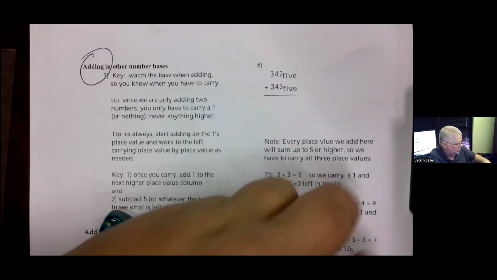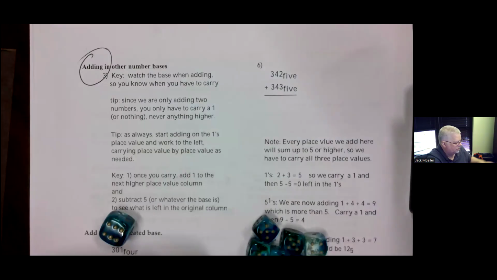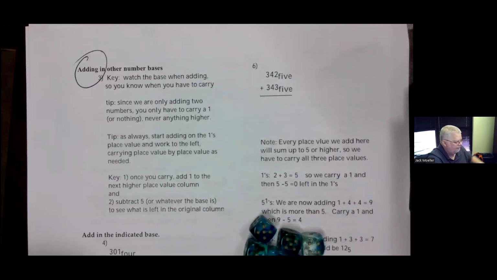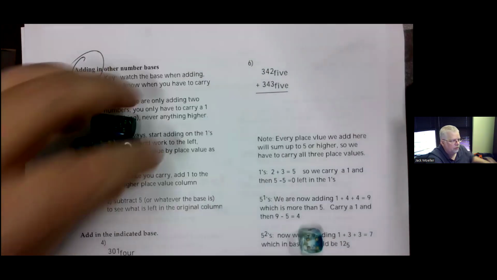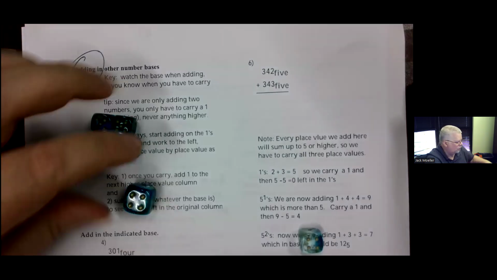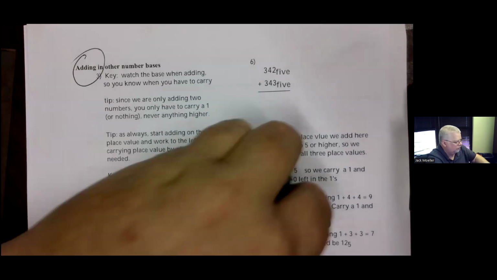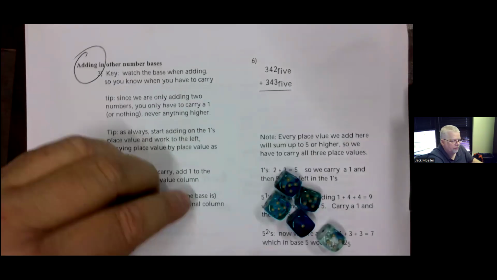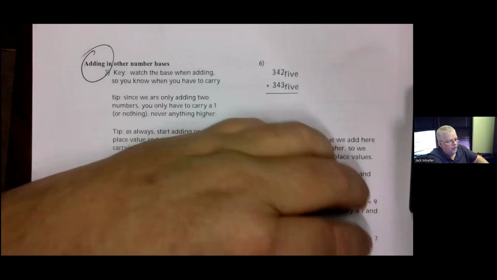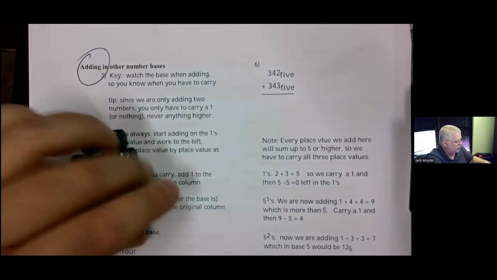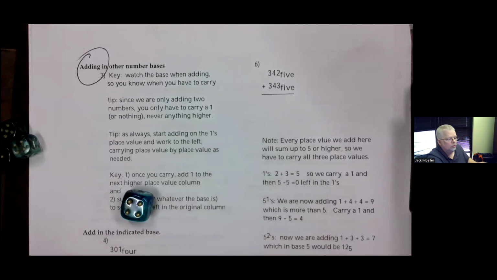Or if your sum adds up to 6, then 5 of those become 1 of the next higher place value, and you have 1 left over. Same way, if the sum adds up to 5, those 5 carry over, become 1 of the next higher one, and you have no ones left. So you'd have a 0.